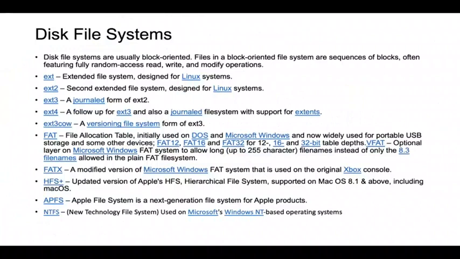So disk file systems, we were reading about disk file systems. A disk file system was usually block-oriented. Files in a block-oriented file system are a sequence of blocks, often featuring fully random access read, write, and modify operations. These are the different extensions of file systems you have come across.